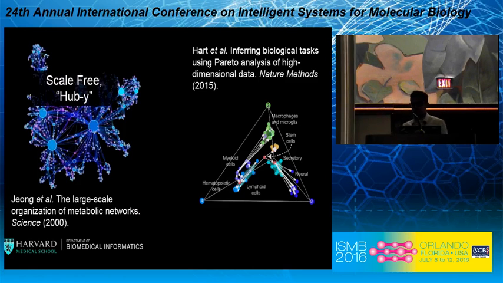And then the second observation, which was at least made explicit very recently, is that transcriptomes are very low dimensional objects, and in fact can be represented, at least in this paper, in terms of low dimensional polytopes.